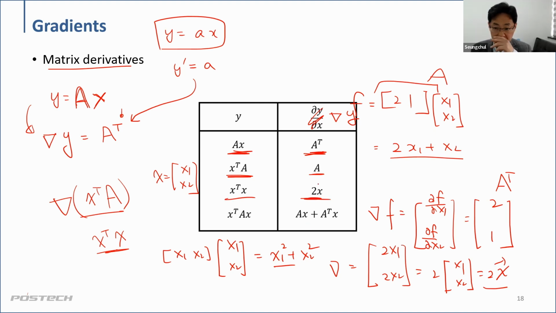I'm talking about matrices here because now I want to move from the scalar to the multivariate linear space. I hope you get familiar with matrix and vector operations and gradients in the vector space. In the scalar case, it's 2x, right?